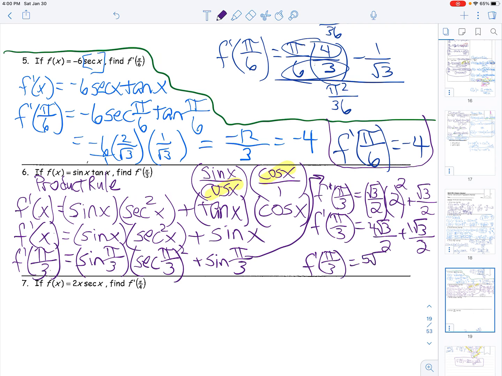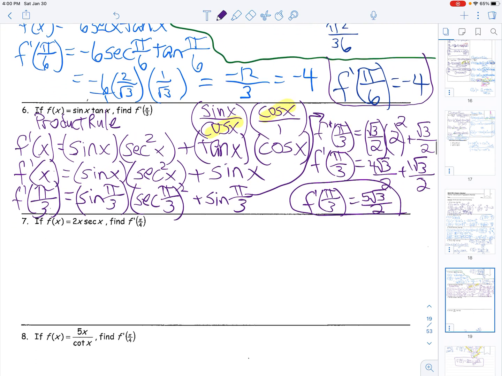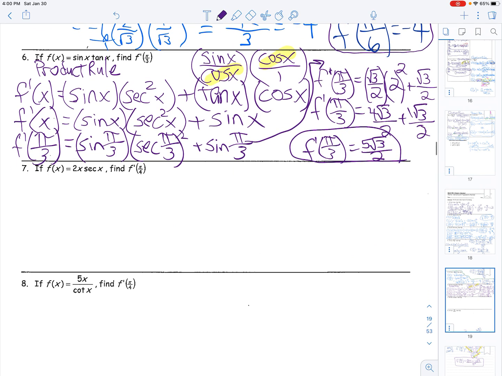So f prime of pi over 3 is 5 radical 3 over 2. Once again, that is the slope of the line tangent to this curve, sine times tan of x, at pi over 3 radians, or 60 degrees.